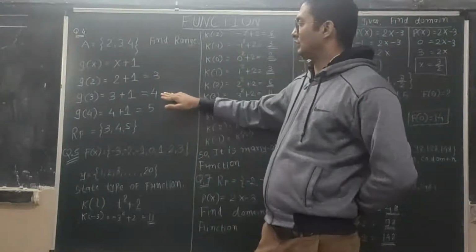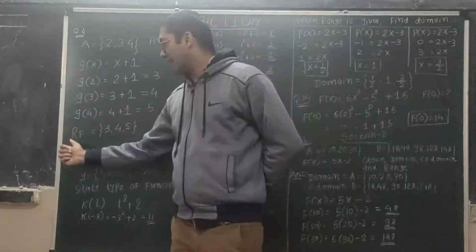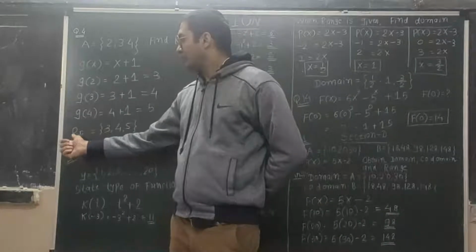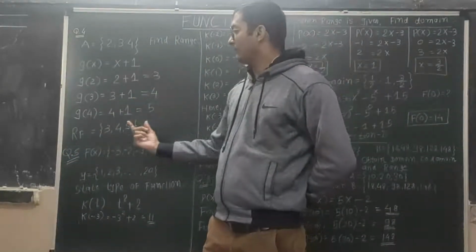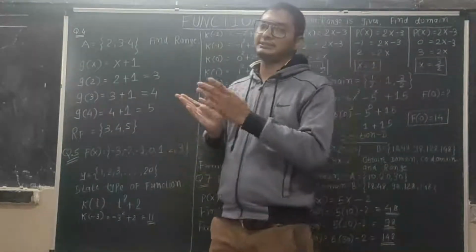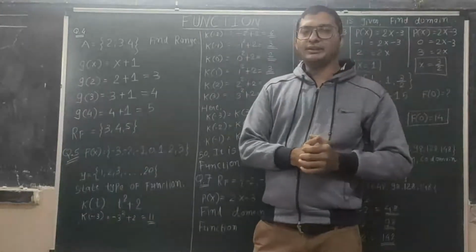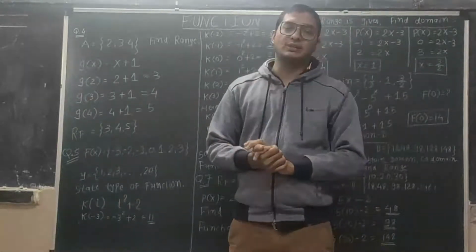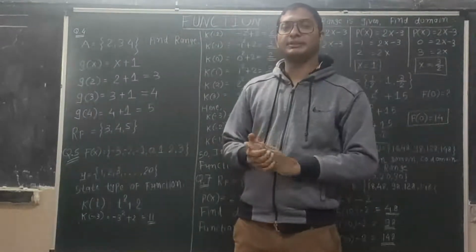This is called the range, and range is denoted by R_f. That's why R_f is equal to 3, 4 and 5. Understood? This is the first type of question, where the domain is given and we want to find the range. So this is the first method.